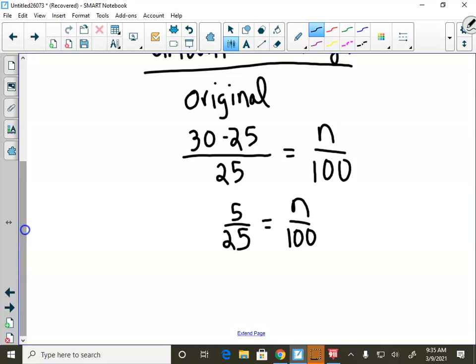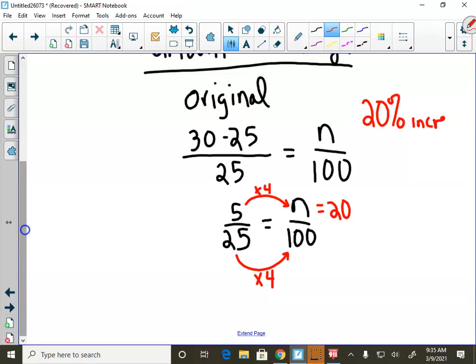Well, in this case, the problem's already pretty easy, because 25 goes into 100 4 times. So if I multiply 25 by 4, I get 100, which means if I multiply 5 times 4, I get n. So in this case, n is 20. So Tommy showed a 20% increase. And that's the percent of change.